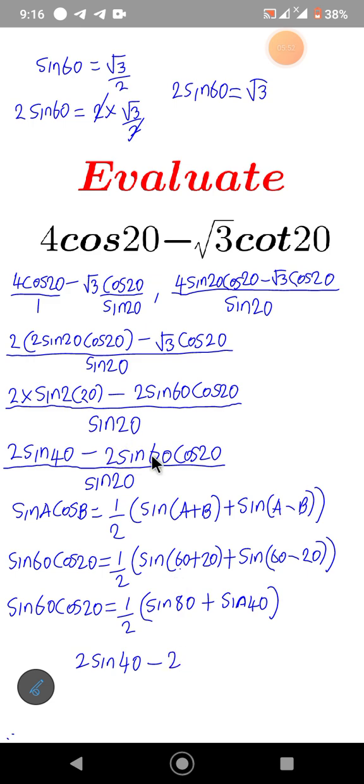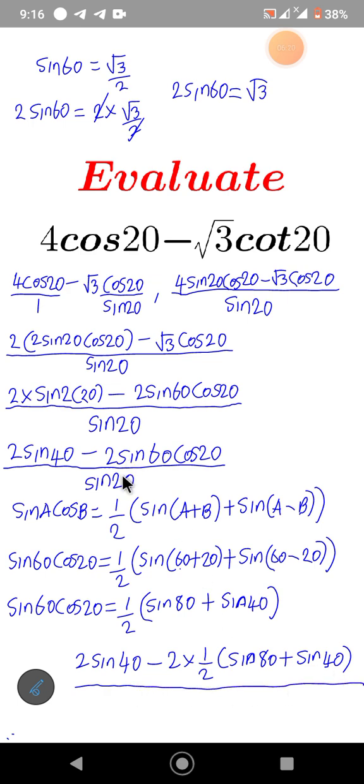Instead of sine 60 cos 20, I'm going to write times 1 over 2, open bracket, sine 80 plus sine 40, close bracket. Then now everything all over sine 20.